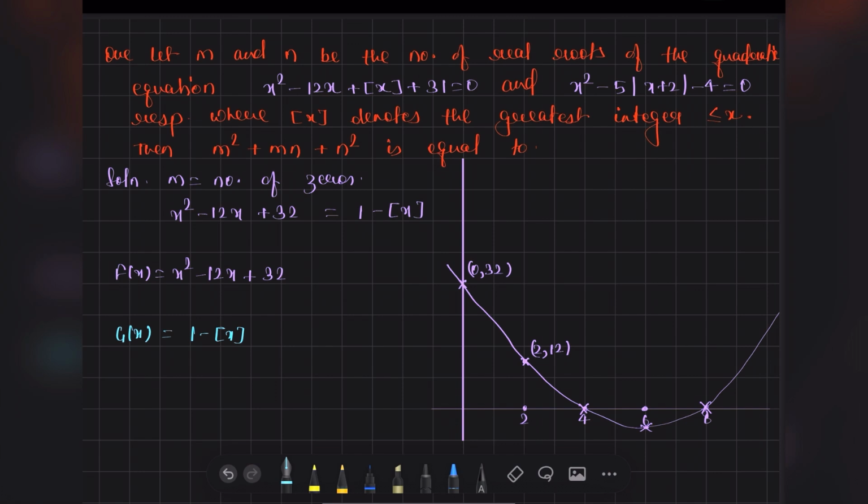If I tell you any number, first you imagine yourself on the number line and then move towards the left, and the moment you find the first integer, that integer represents the output. So suppose you are taking a number between 0 and 1. The output will become 0, and 1 minus 0 is 1.